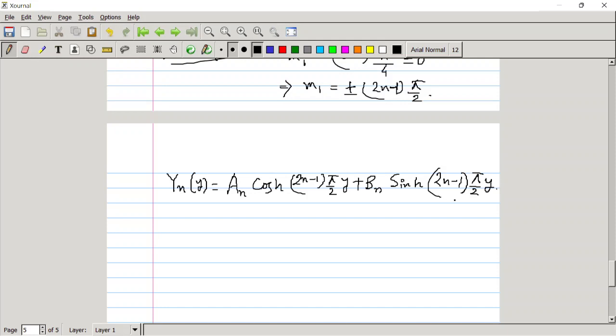Any question up to this? This is the sine hyperbolic and cos hyperbolic function, so I will put a bracket here.